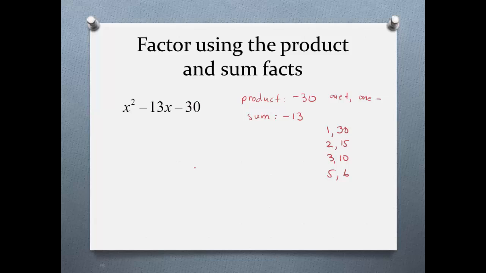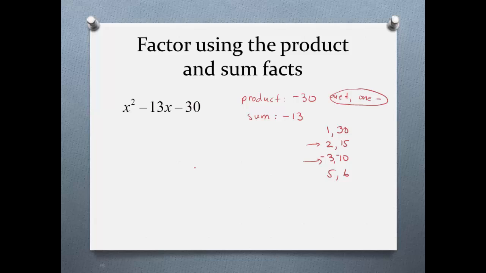So it looks like I have a potential in a couple spots to get a 13 out of it. Might involve a 2 and a 15, might involve a 3 and a 10. Now, to get a negative 30 for a product, I need to have one positive and one negative. So if I look at, say, the 3 and the 10, and I keep the 3 positive and the 10 negative, then I don't get a sum of negative 13.